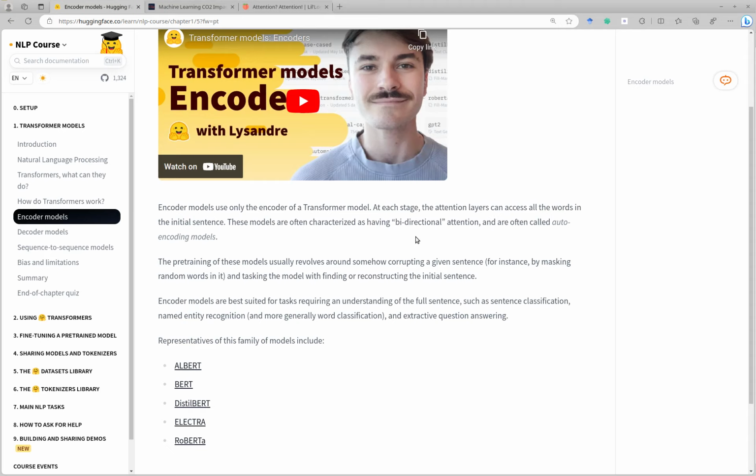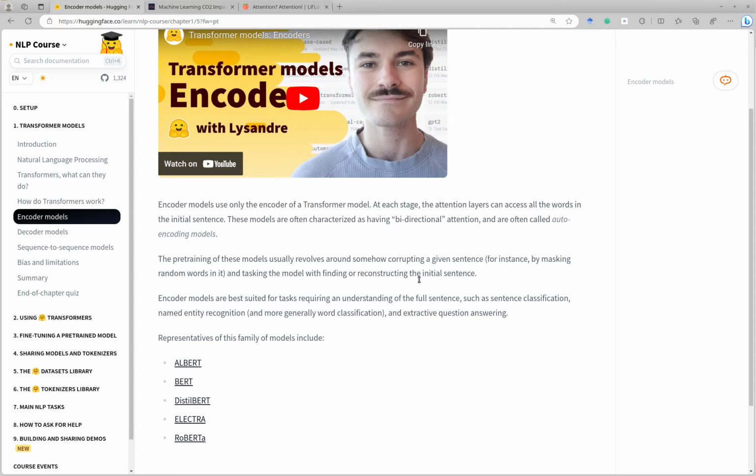Bidirectional attention means that from left to right or right to left they can create the attention, and they are also called auto-encoding models. The transformer models that have only encoders are termed auto-encoding as well.